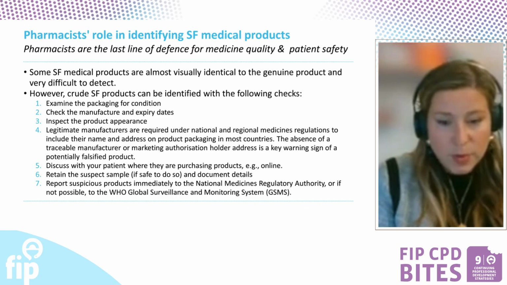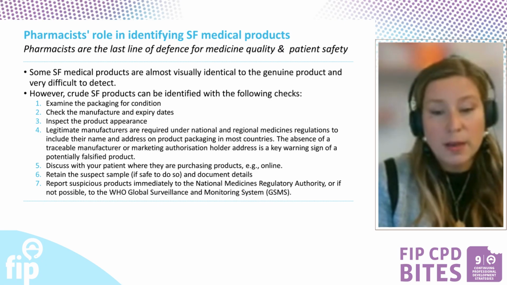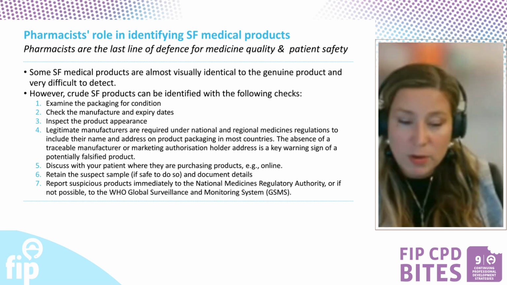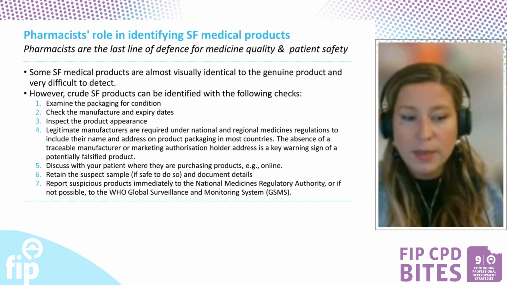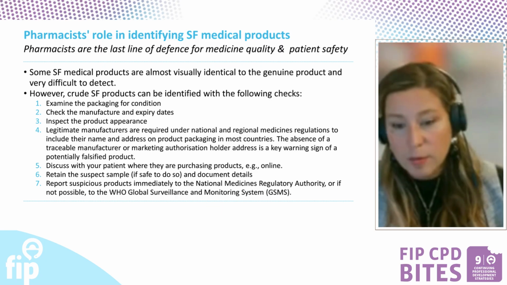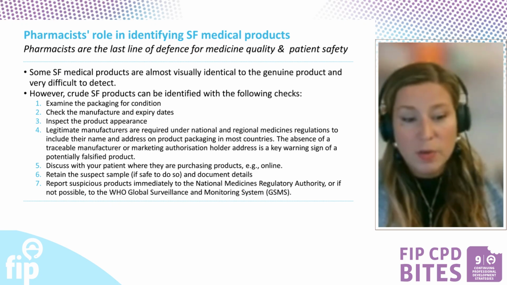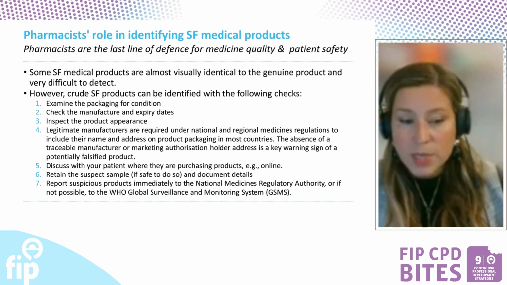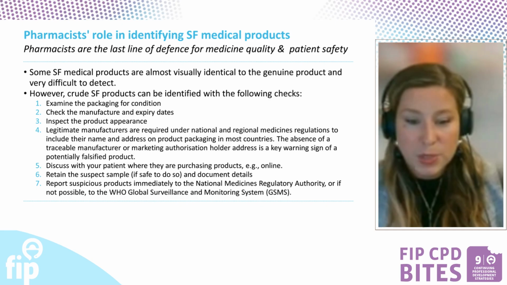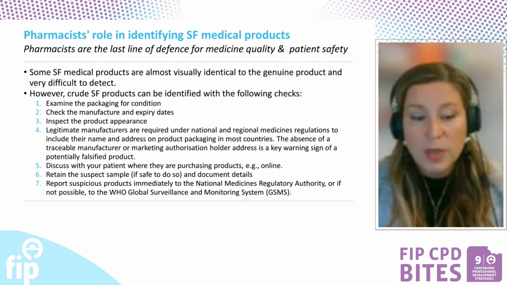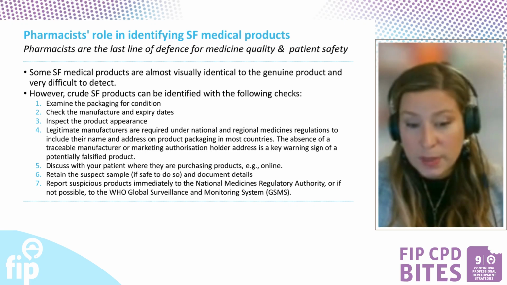Having a medicines review, this should now be standardized, that we integrate where, if they are going online, that they know how to do this safely, and that they should never purchase any medical products on social media. If you do come across a suspect sample, retain it if it is safe to do so and document details, and report suspicious products to the National Medicines Regulatory Authority, or if not possible, to the WHO Global Surveillance and Monitoring System, the GSMS, directly.